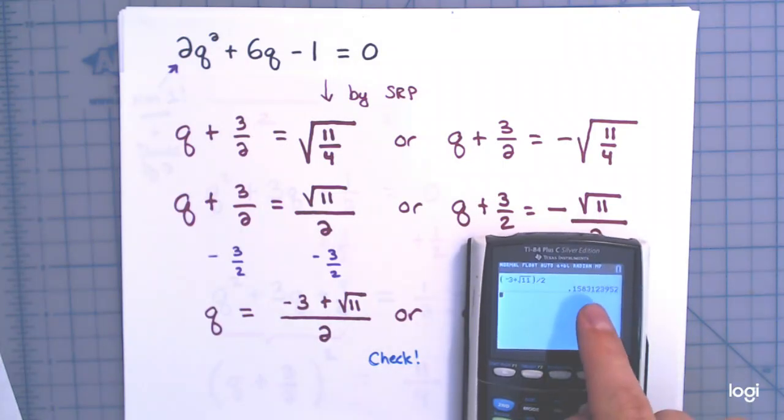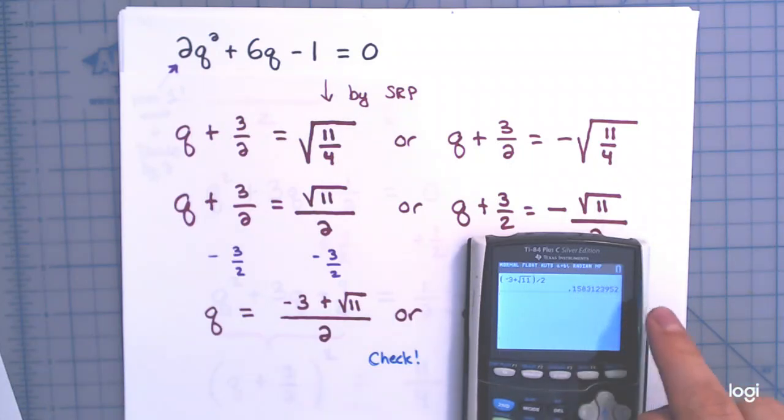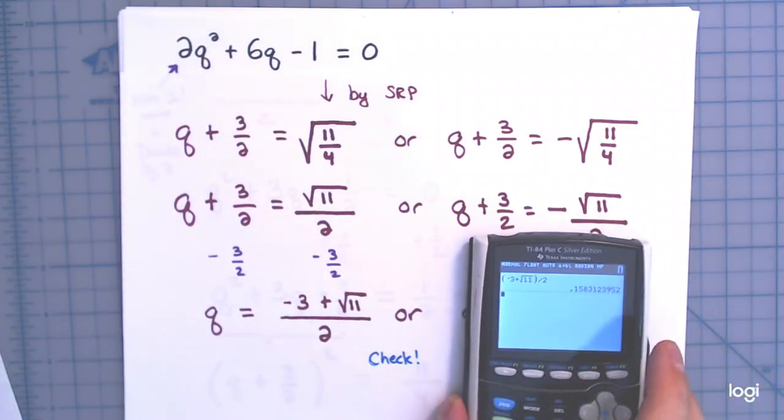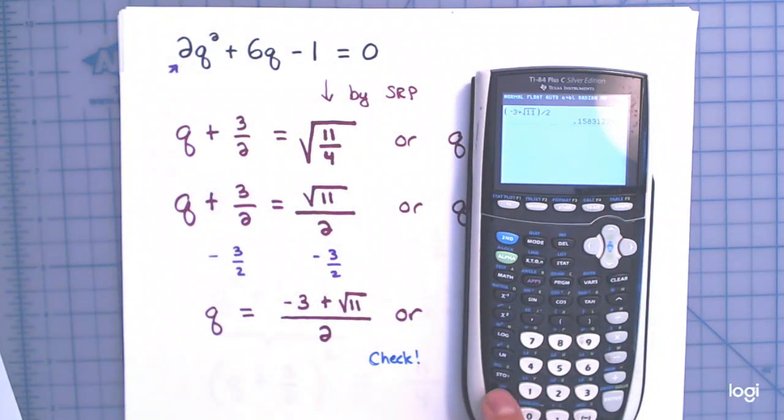So here's a number, 0.15831233952, and this calculator has a button that says STO, meaning store.